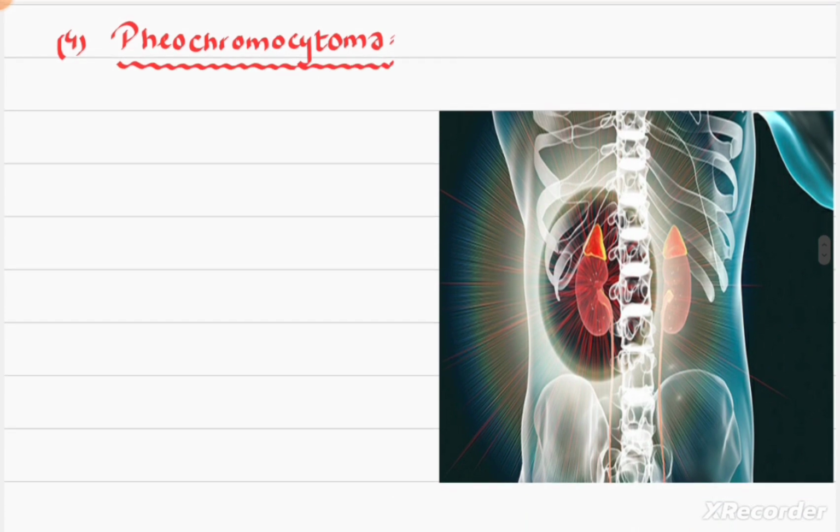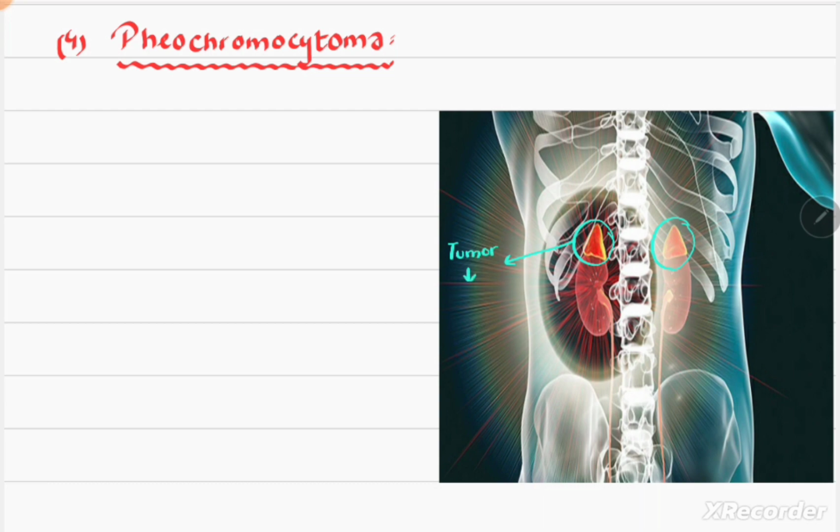Now, pheochromocytoma: adrenergic antagonists are used in the treatment of pheochromocytoma. Pheochromocytoma is a condition in which a tumor is formed in the adrenal medulla or sympathetic ganglionic cells. As we can see in this diagram, these adrenal glands lie on top of the kidneys, and a tumor is formed in them.